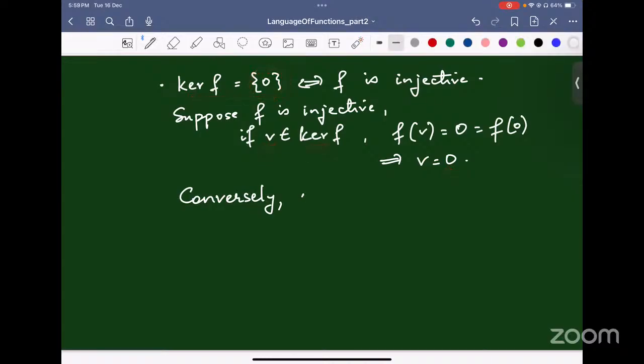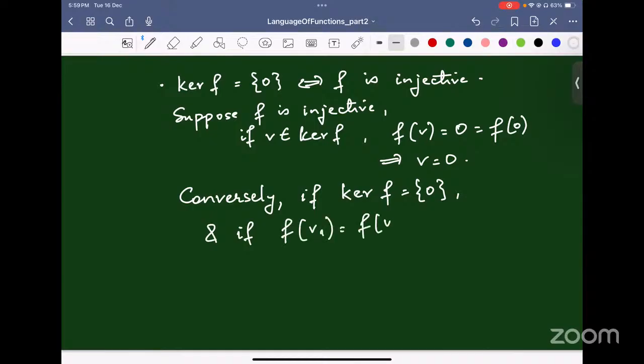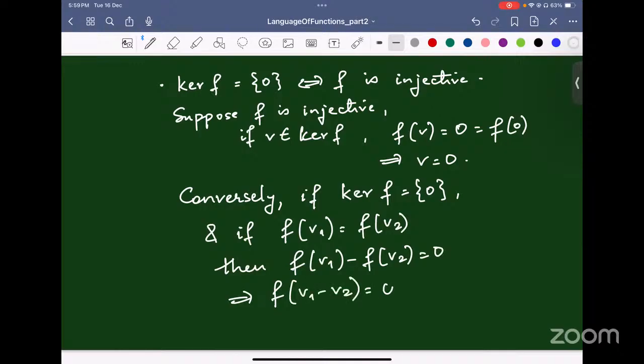Conversely, if kernel f contains only the 0 element, and if we have two elements v1 and v2 such that f of v1 is equal to f of v2, then f of v1 minus f of v2 is 0, which implies f of v1 minus v2 is 0.